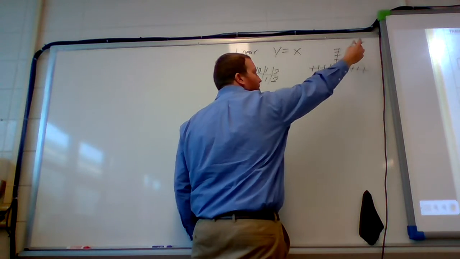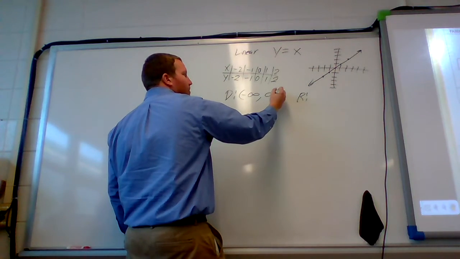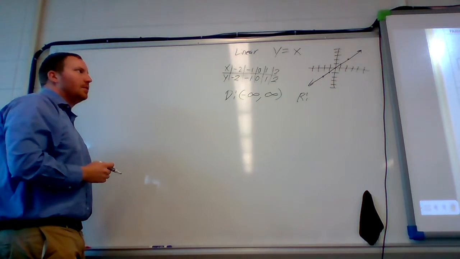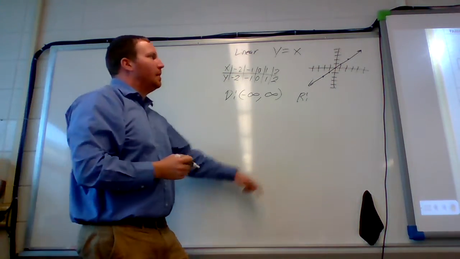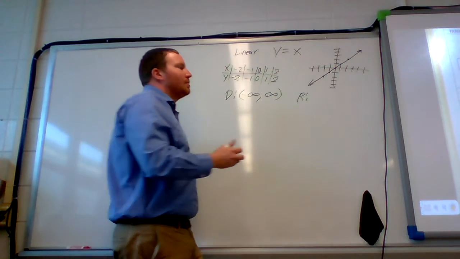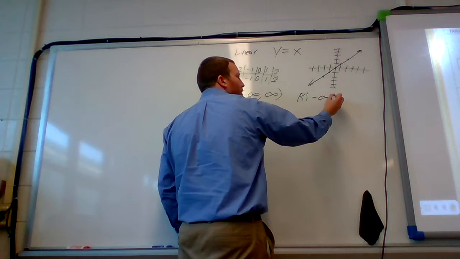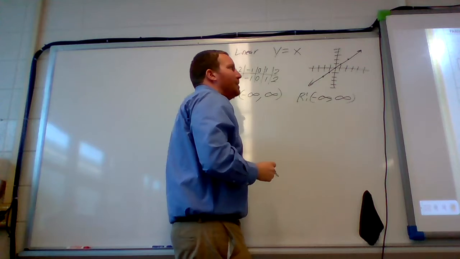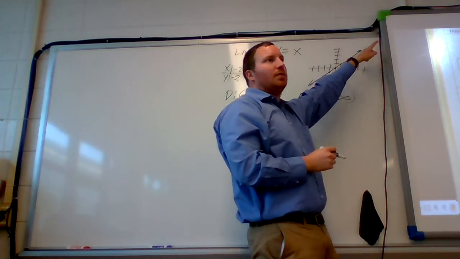We don't have any breaks. We have that arrow pointing to the right, so we're going to positive infinity on our positive x values. Our range, same thing. As we move down, we've got that arrow, it's going to keep going down, so we're going to -infinity, and our range is also going up to positive infinity as we move to the right side of the graph.